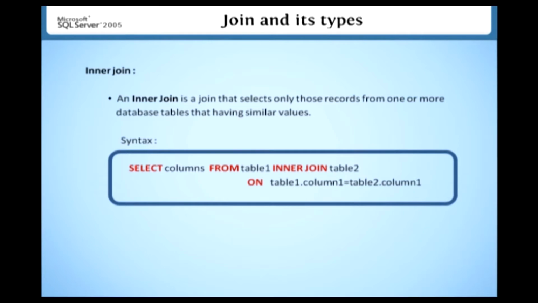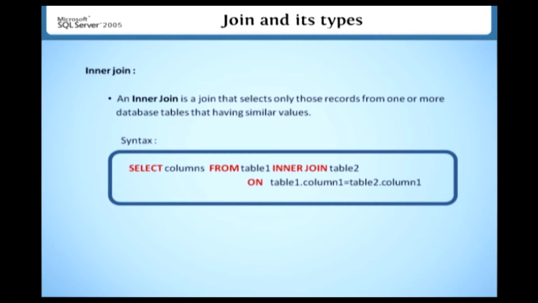Here, select, from, on are statements of SQL, which we have seen in the previous lessons. Here, column names specify the names of the columns in Table1 and Table2. Inner join denotes the type of join.